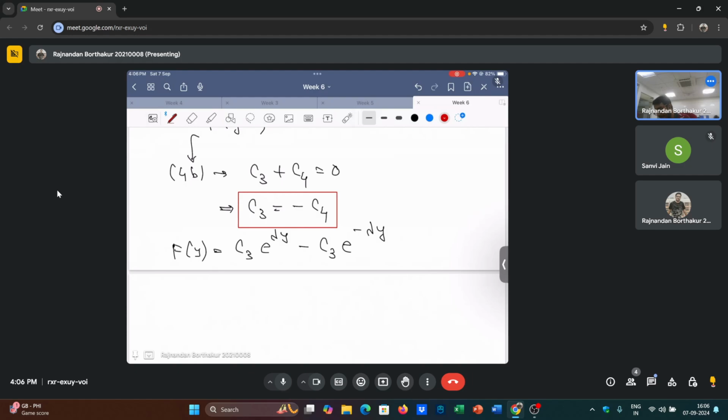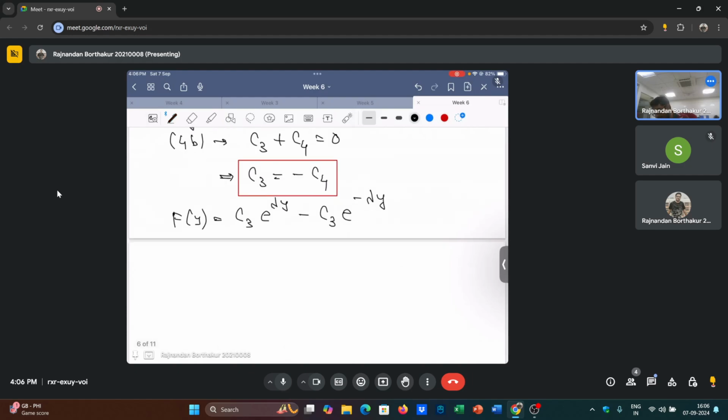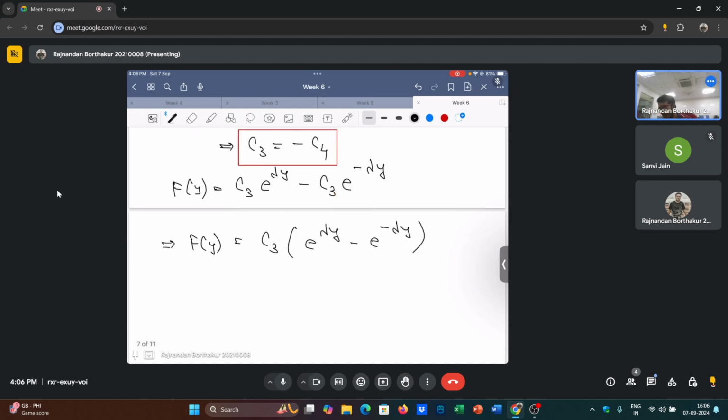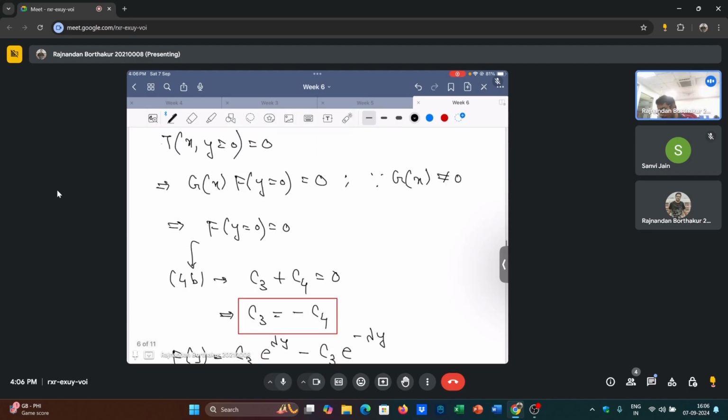Now I can take C3 common, so this becomes C3 into e power lambda y minus e power minus lambda y. At least for now this is my solution, although we have not yet determined C3, and we will see how to determine it. I can name this equation 5b.